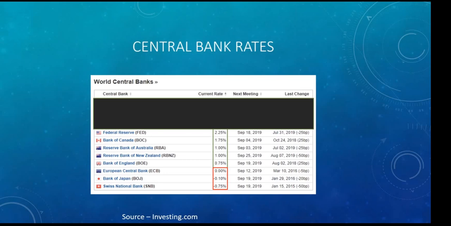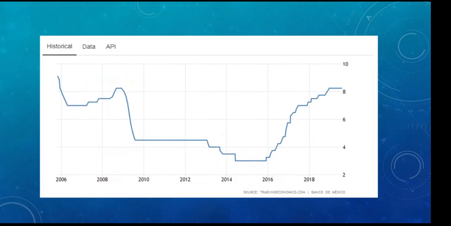Now, one other central bank that's not on here that I wanted to talk about is the Mexican currency, the peso. What you'll see here is rates are still above 8%.